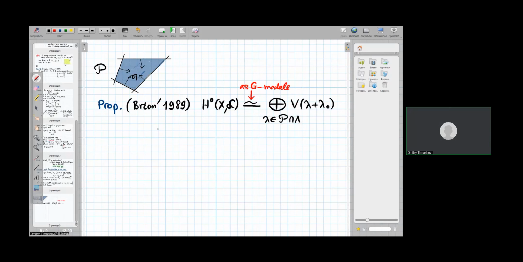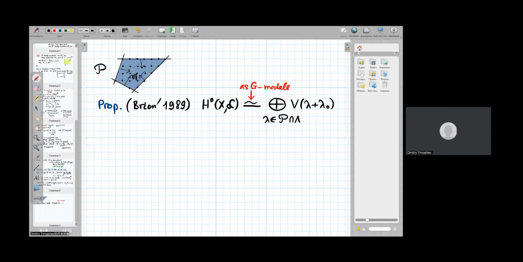So if you look at the picture, you have to pick all lattice points in this polyhedron. There are many of them, but anyway, let me pick them all. Like this.